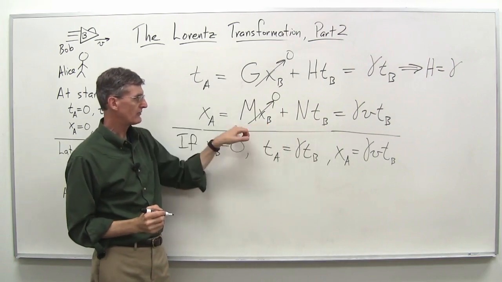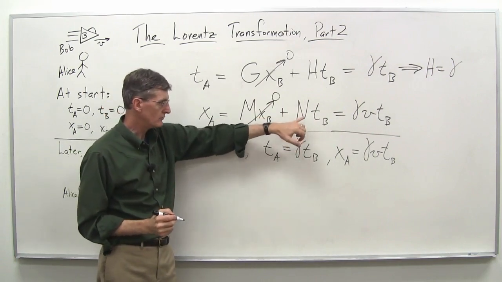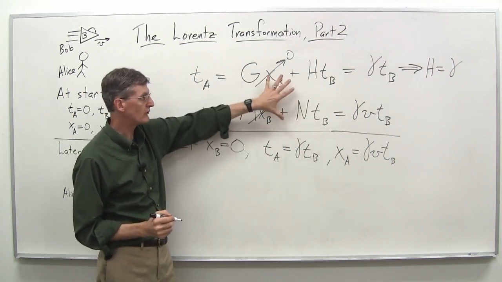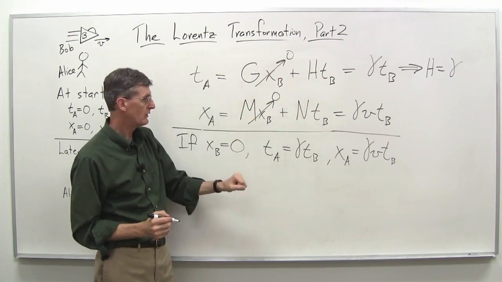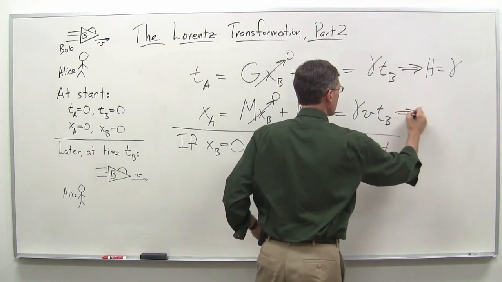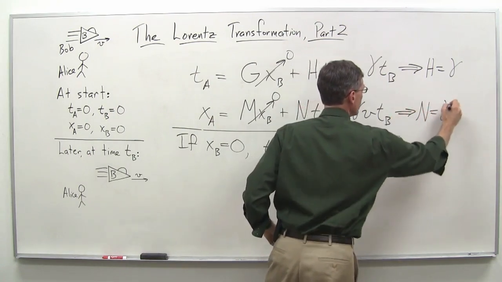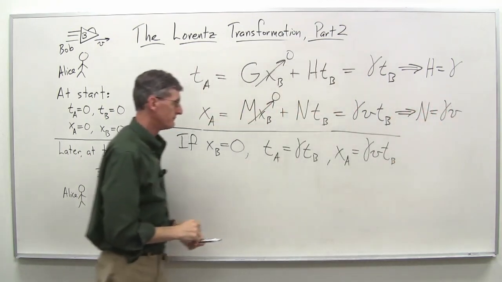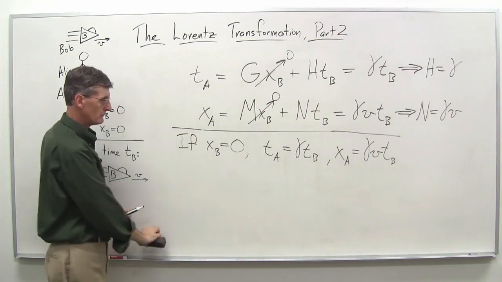And for this one, XA equals gamma V TB, which equals N TB in our general linear form of our transformation equations, and therefore this implies N equals gamma V. Therefore, here's what we've got.